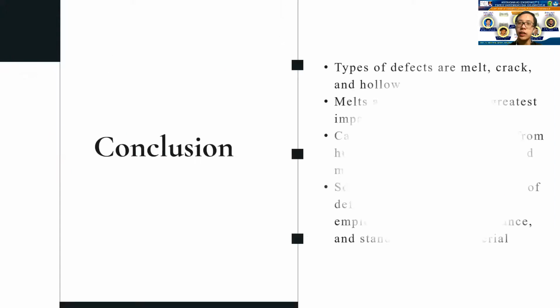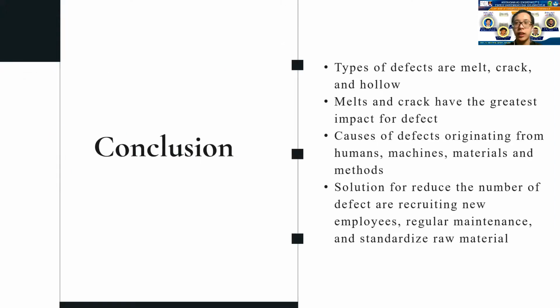So the conclusion of this paper is there are three types of defect that we found. First is melt, second is crack, third is hollow. Melt and crack have the greatest impact on defects. So we need to focus on these two types of defect, so we can reduce the number of defects because they account for 80% of defects in the production.